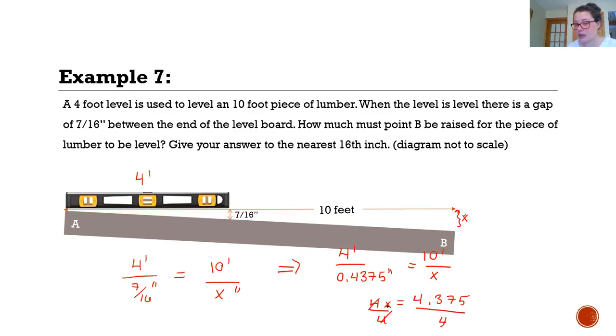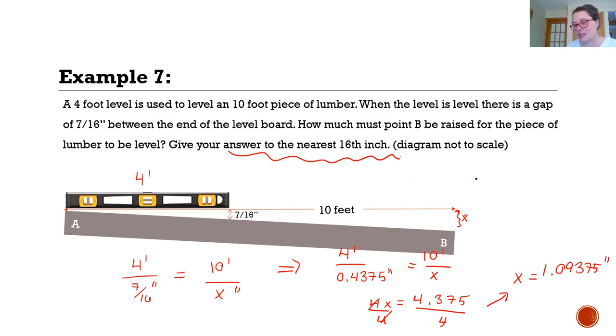The 4's cancel here. X equals 4.375 divided by 4. X is equal to 1.09375 inches. Now, if you go back here, it says answer to the nearest 16th.